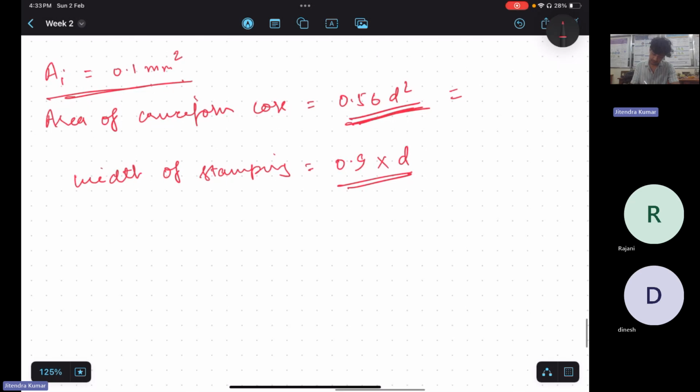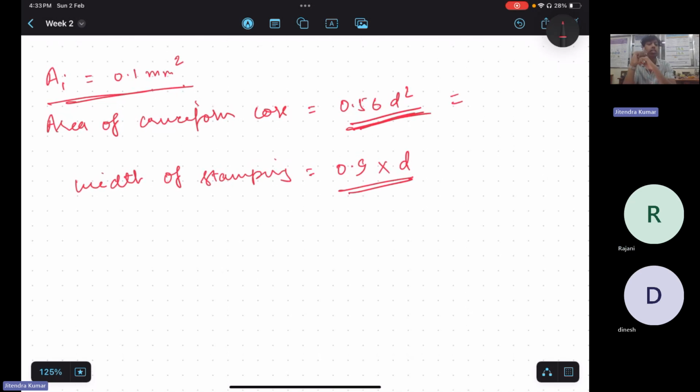Here we can calculate the diameter of the circle.